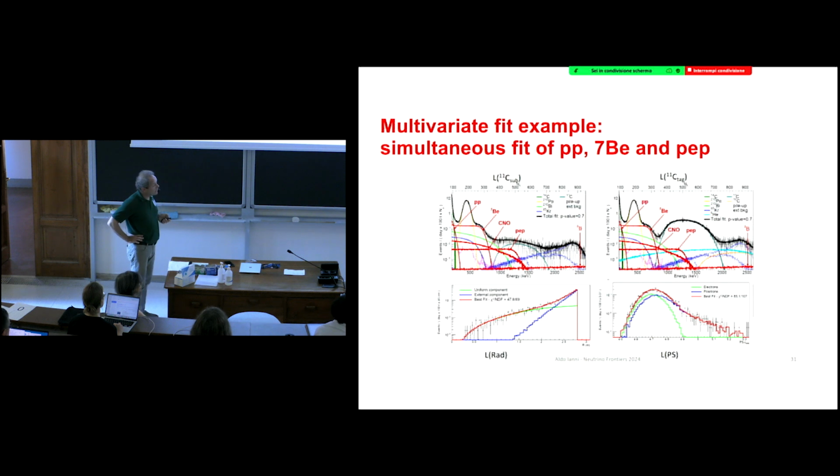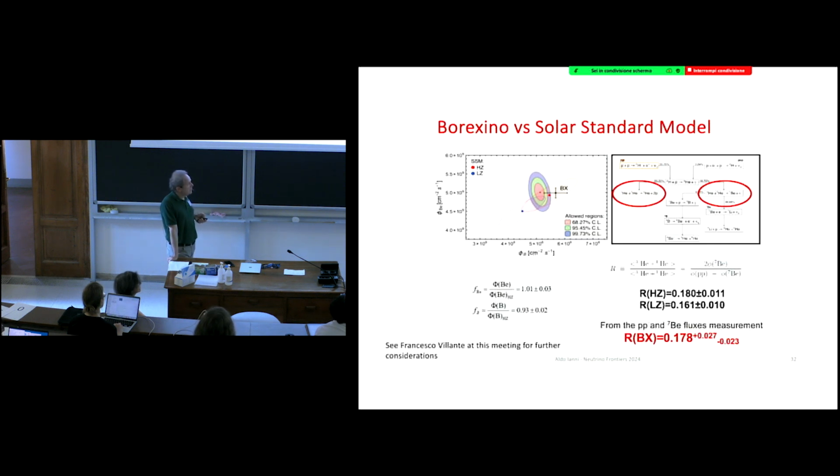And this was very important to determine some fundamental parameters of solar neutrino physics and probe the PP chain. This was an important result, the ratio of termination 1 and 2 in the PP chain, which I think can be further detailed by Francesco today.